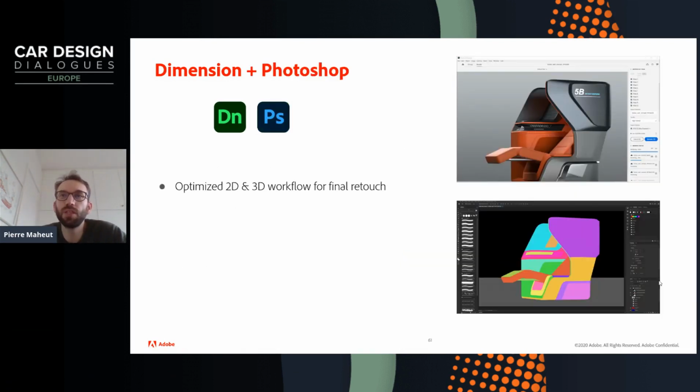And just to give you an example here, just to render this aircraft seat, if you want to afterwards do some retakes in Photoshop, what you will be doing is exporting the different passes and what we call the bottom clown mask, so that it makes the Photoshop retouch easier afterwards.